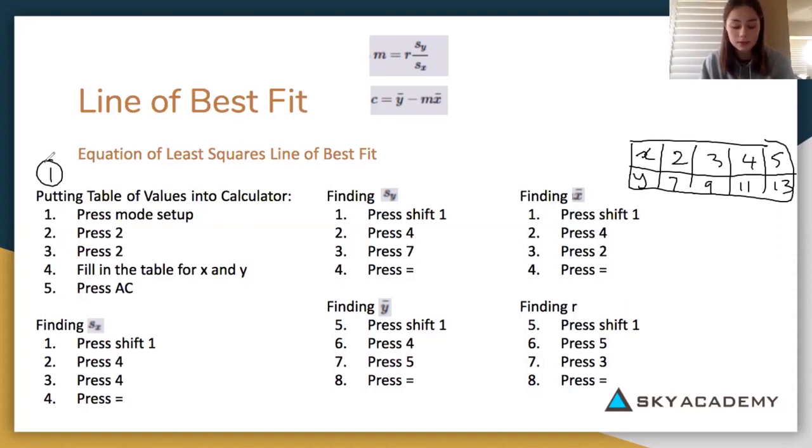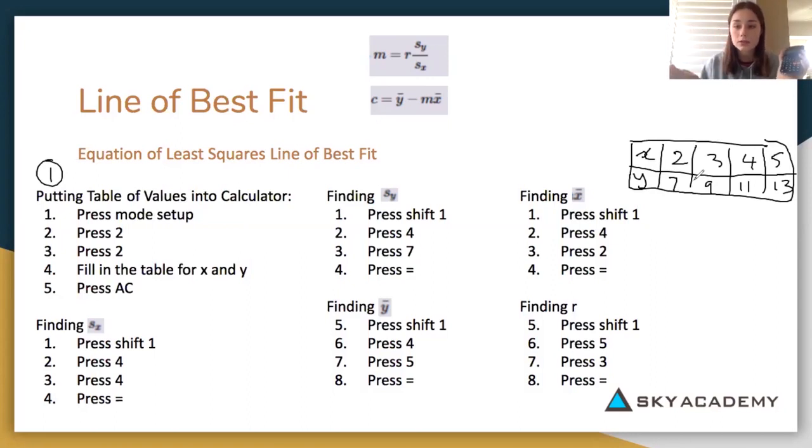So our X values are 2, 3, 4, and 5, and then you go across and do the same for the Y, 7, 9, 11, and 13. And when you put them into the two columns, you need to make sure that 2 and 7 correspond together, 3 and 9 correspond together, so that the ordered pairs stay together.